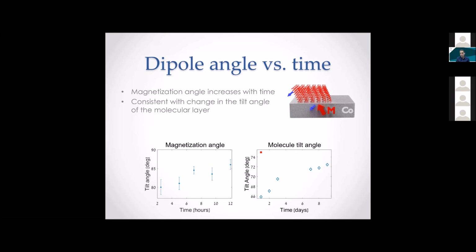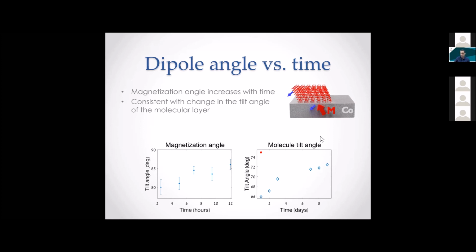And this is an important result in the sense that it indicates that the magnetization of the cobalt layer follows the axis of the chiral molecule over a long period of time, over the period of time of hours or even days.